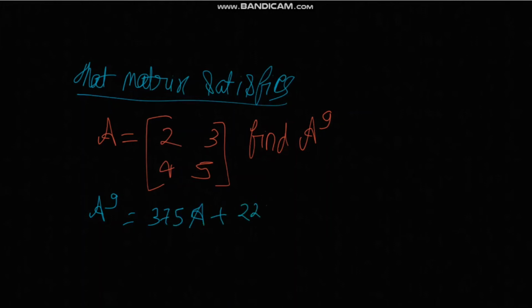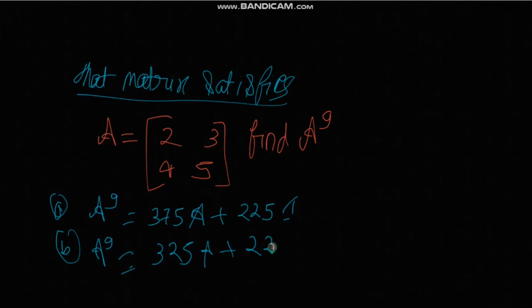They will give options, like A to the power 9 is equal to something times A plus some constant, for example 375A plus 225I. The second option they will give is 325A plus 229I, and some more options are also there, C and D. Whatever they want, they can give.